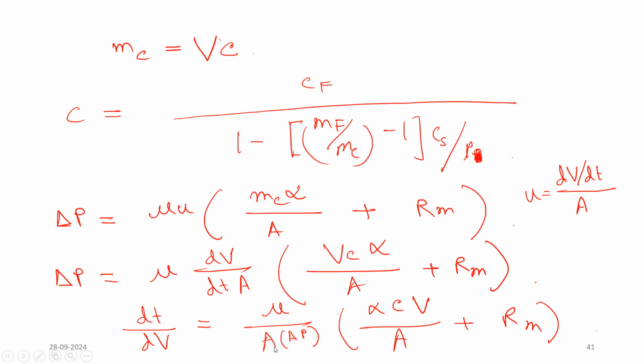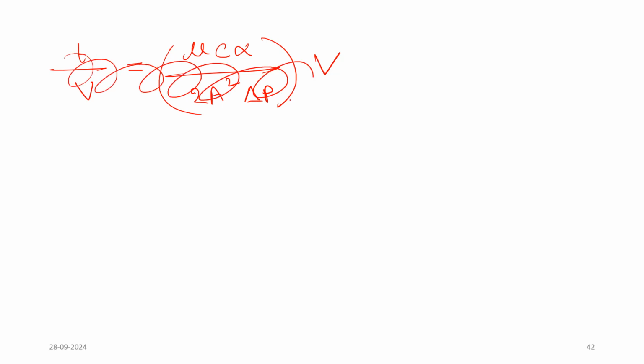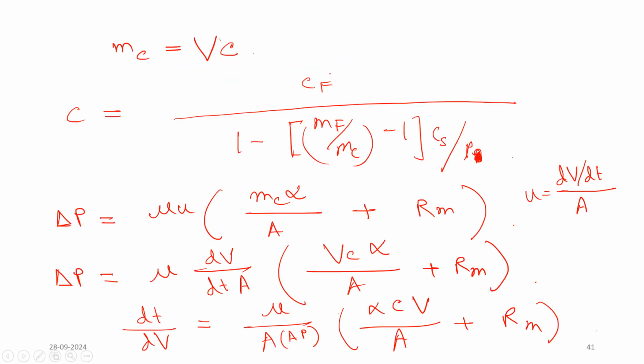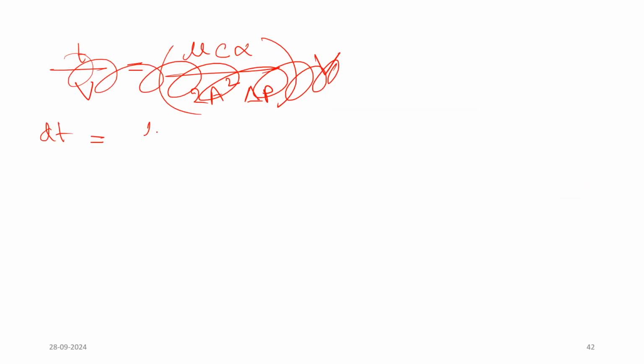So now when I am integrating, it will be T equals mu C alpha by V square by 2, that is 2A square delta P plus mu Rm A delta P. Yes, here it is mu Rm A delta P. It is already there, right? So this is constant, nothing will happen to this.